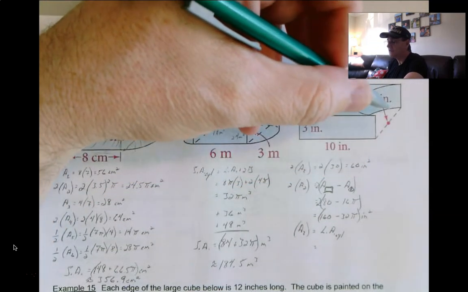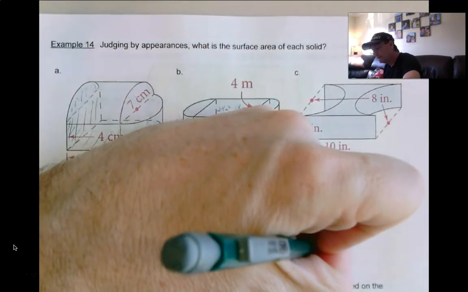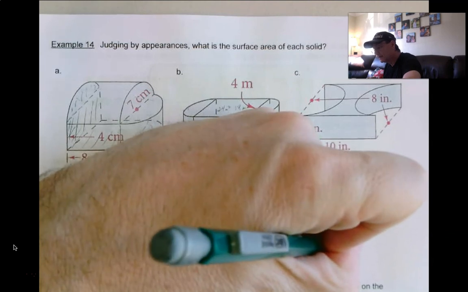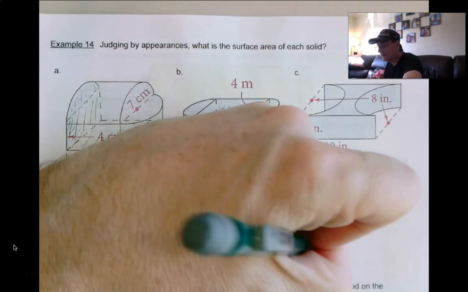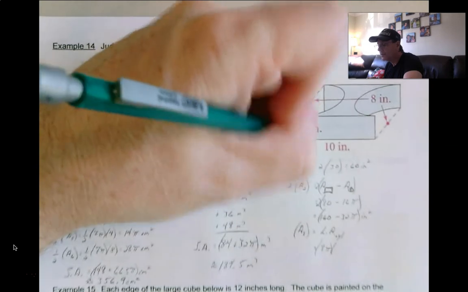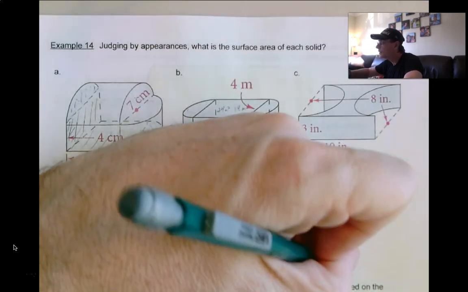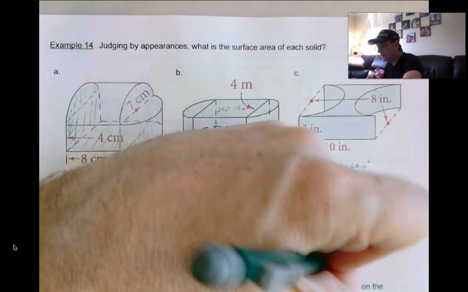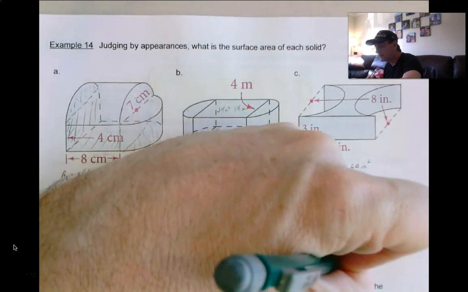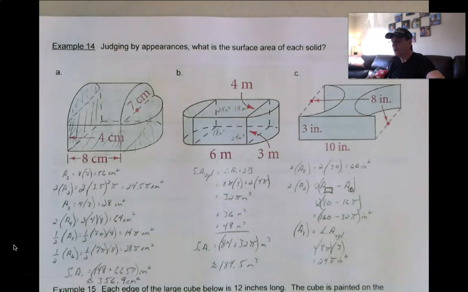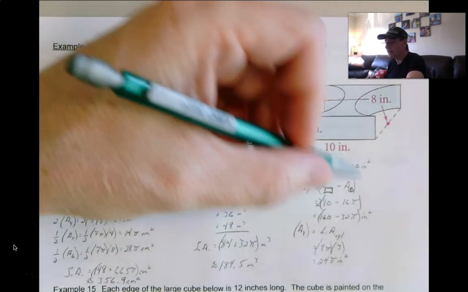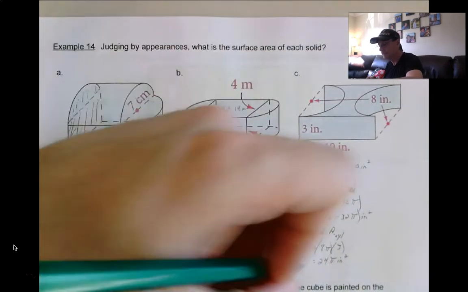Well, the circumference is 8 pi, and the height is 3. So 24 pi inches squared.